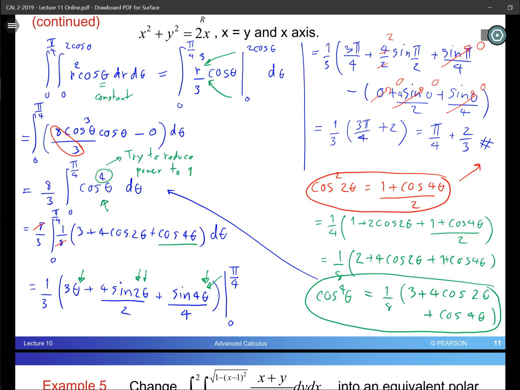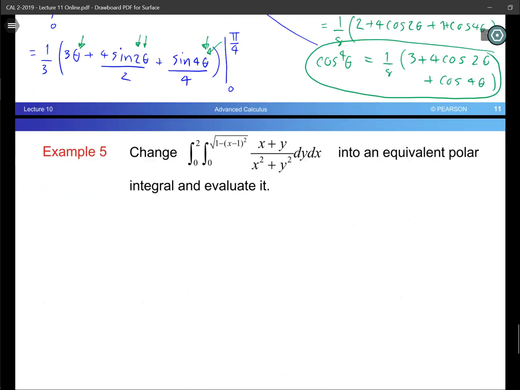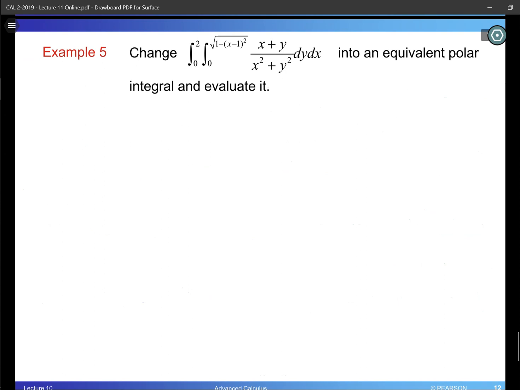Okay, let's move to example 5. Okay, example 5, we are supposed to change this double integration, and you can see that they give us a function in Cartesian coordinates. So they give us f of x, y. Right? They want us to change this into a polar integral.